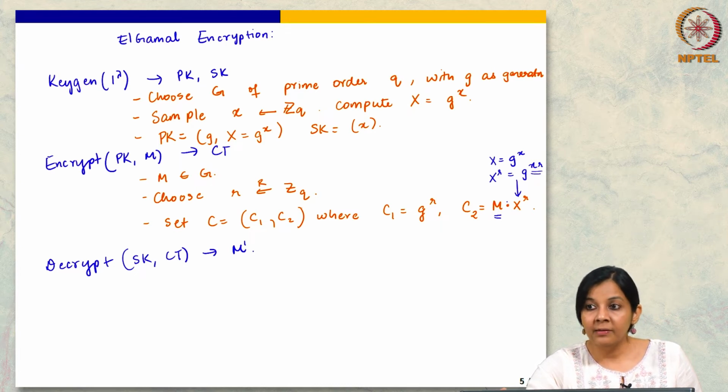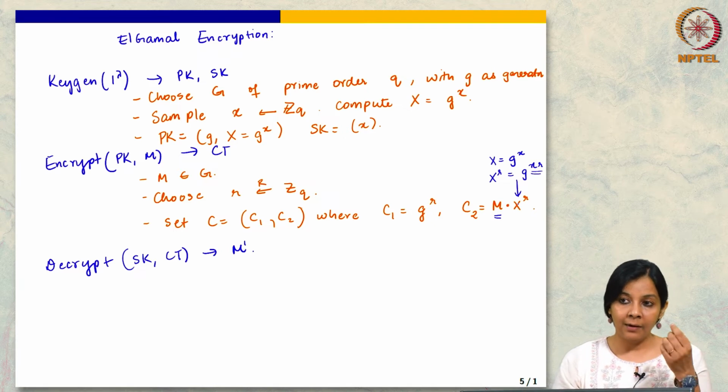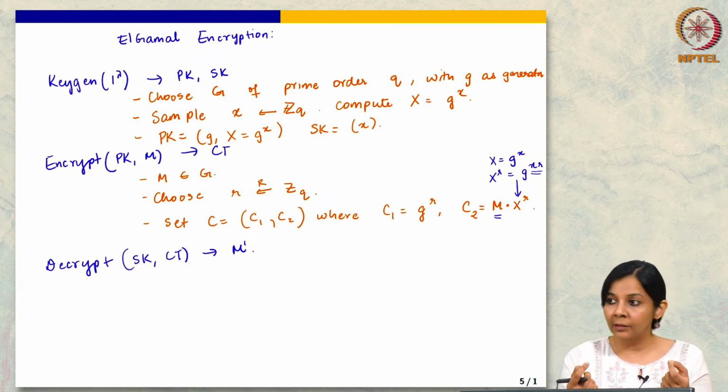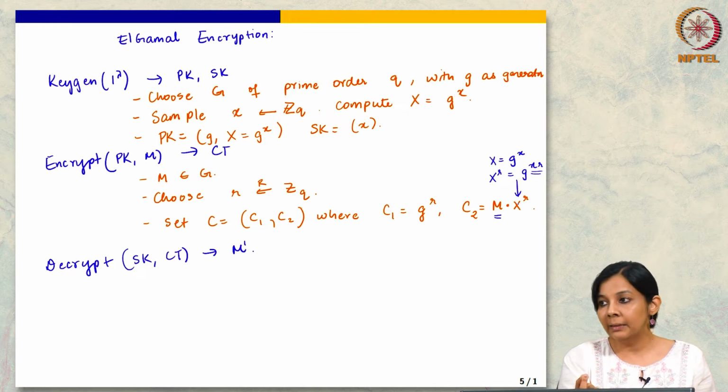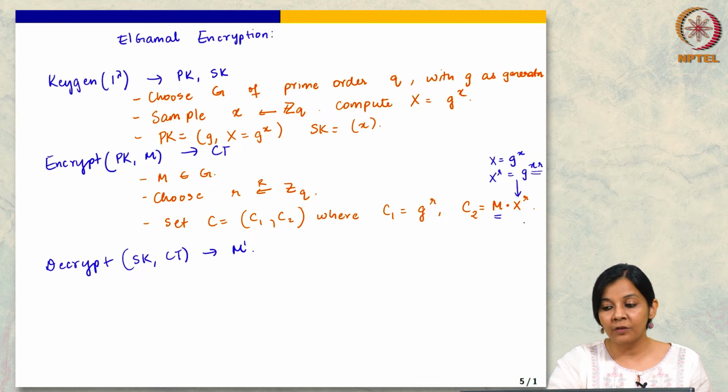So my message is in the group and I am doing a group operation with a random element. So if I take a fixed element and a random element in a finite group and I perform the group operation, I will get a random element, right. So this is already an intuitive way to see why this C2 should be secure.